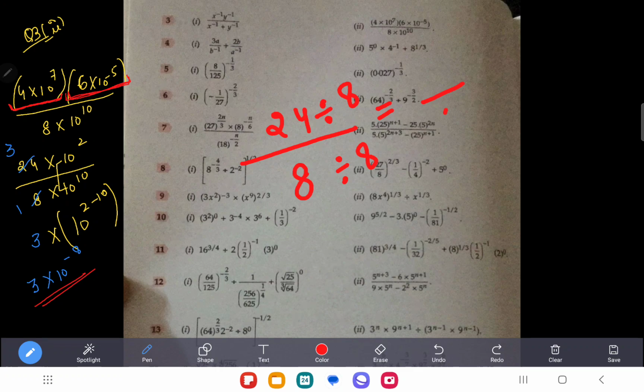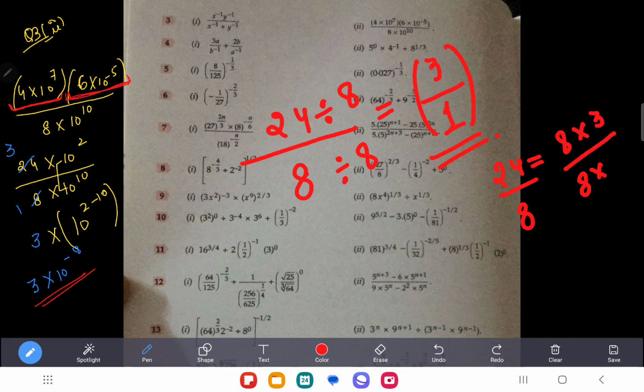You will get 3 over 1, and you get 3. You can also do it this way: 24 is nothing but 8 times 3 and 8 is nothing but 8 times 1. So you can just cancel the common numbers and you get 3. Understood.